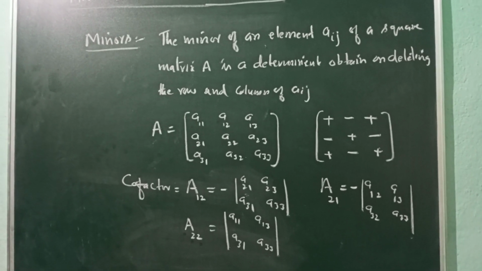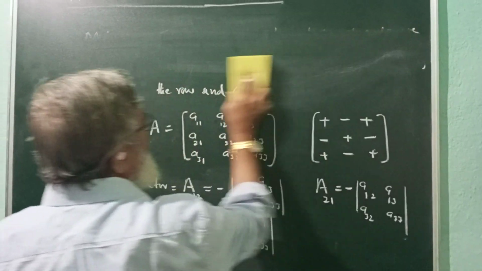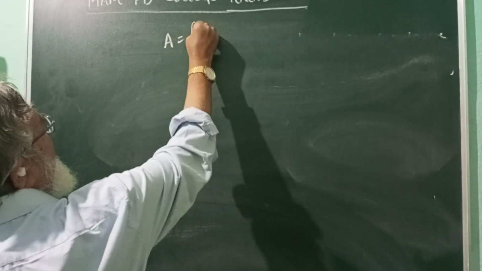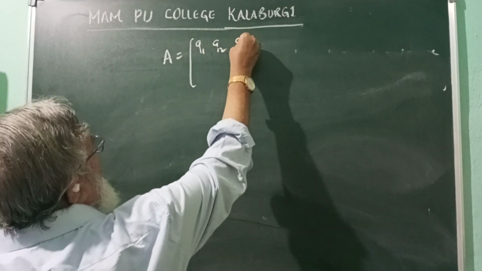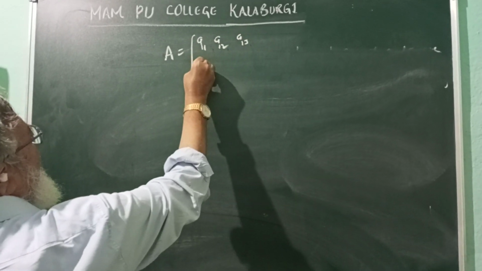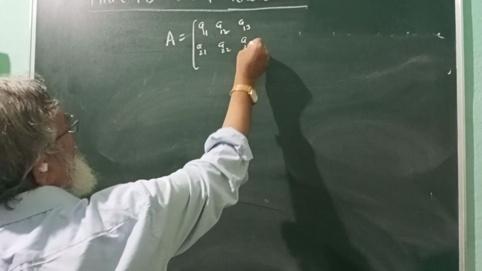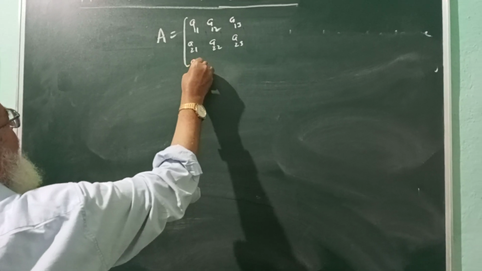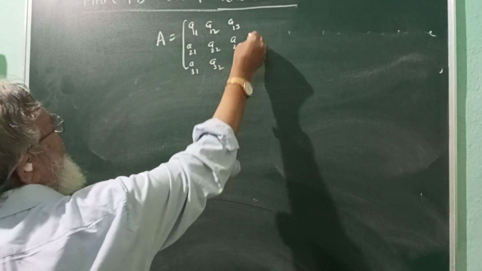So let me write here minors and cofactors. The given matrix, suppose, is A11, A12, A13, A21, A22, A23, A31, A32, A33.